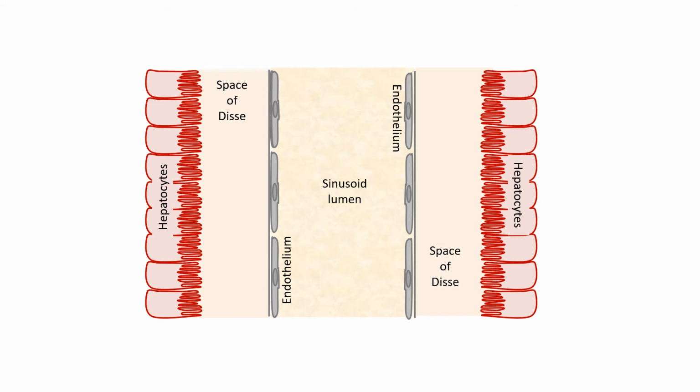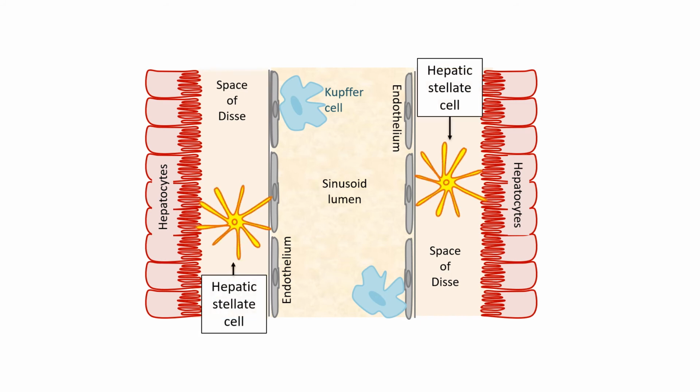So let's just have a look at normal. In normal sinusoids, we have our Kupffer cells within the sinusoids, and then in the space of Disse, we have our hepatic stellate cells, sitting there nicely storing vitamin A for us.